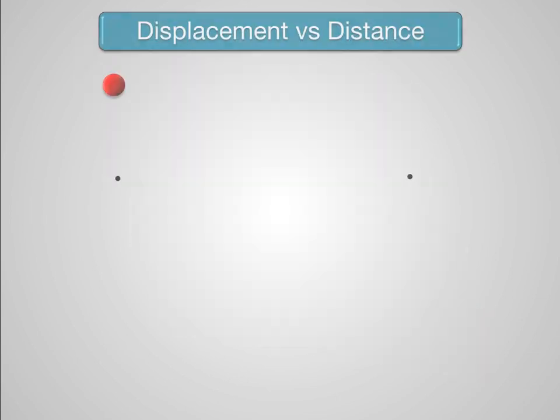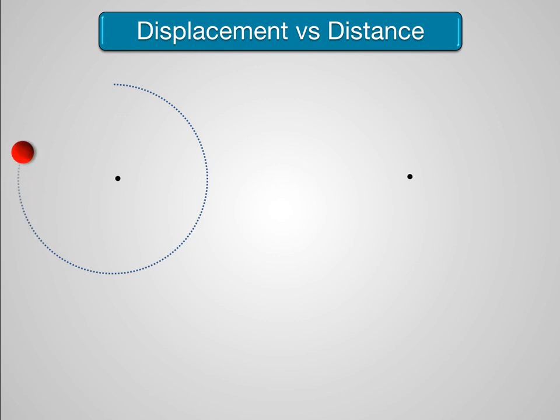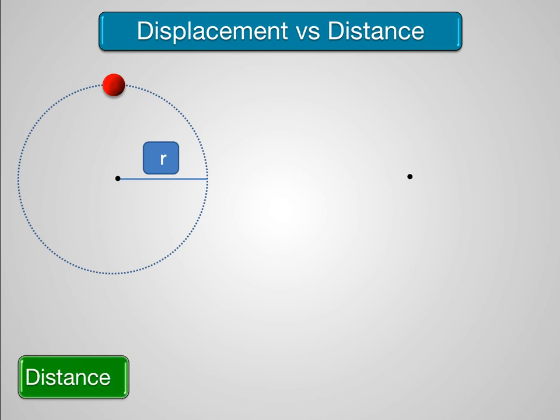Let's think about more examples. A body is moving in a circular path and it's coming back to the same point. So we are going to see what is the displacement and what is the distance. Let's say r is the radius of the circle. So the total distance traveled is the circumference, which is 2 pi r.